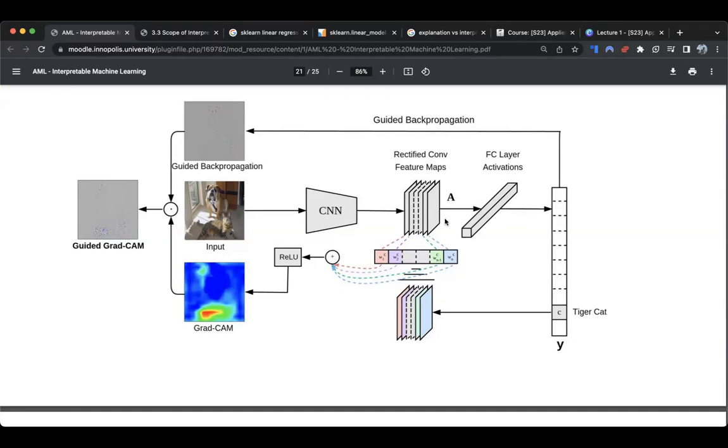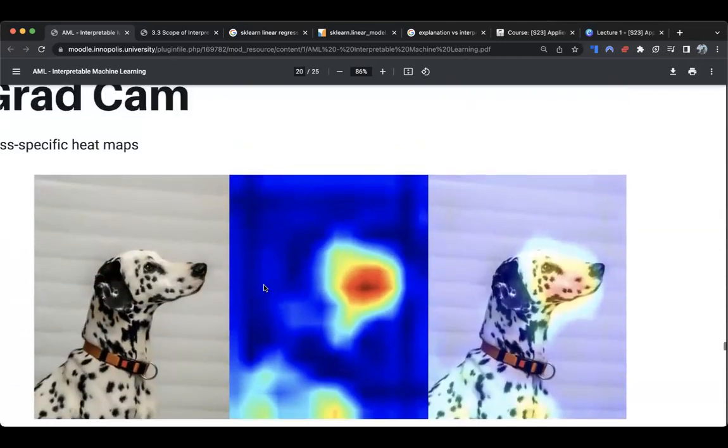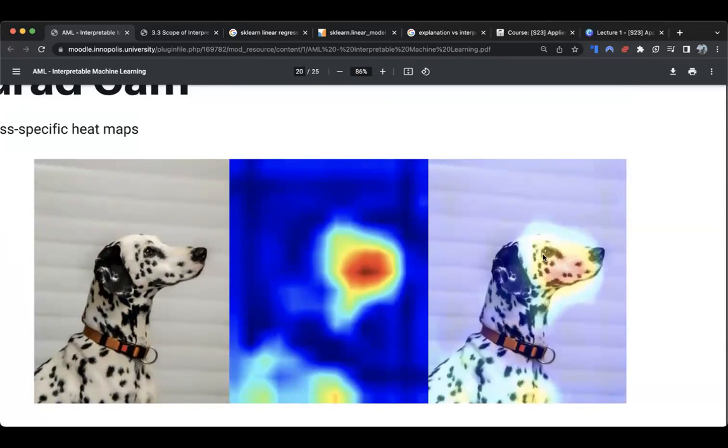Afterwards, we will combine these convolutional feature maps together through just a multiplication and summation, and pass them through the ReLU so that we ignore those negative contributors. So we ignore them, we keep only the positive contributors, and that gives us the actual GradCam interpretation. So as you can see in here, as we said, this interpretation is only a combination of the convolutional feature maps from the CNN.